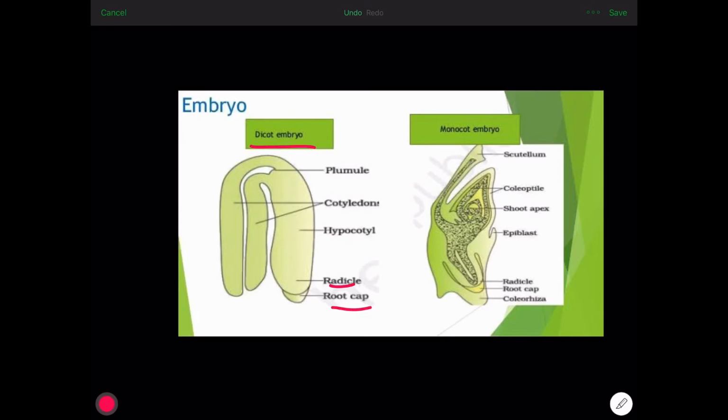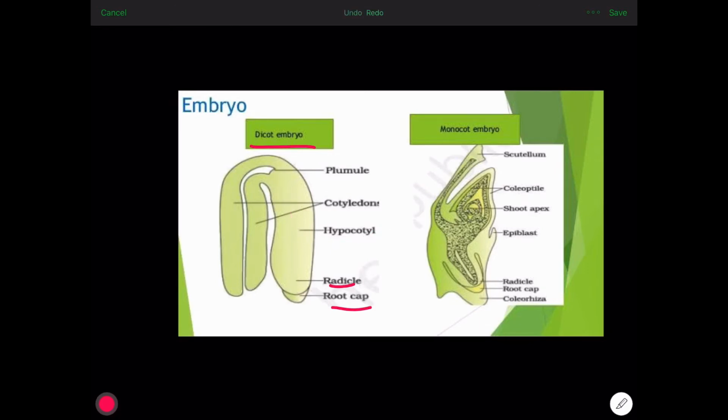The part of embryo between plumule and point of attachment of cotyledons, or you can say the part of embryo above the level of cotyledons, is known as epicotyl, and part of embryo below the level of cotyledons, till radicle, is known as hypocotyl. So dicot embryo has two cotyledons and embryo axis.